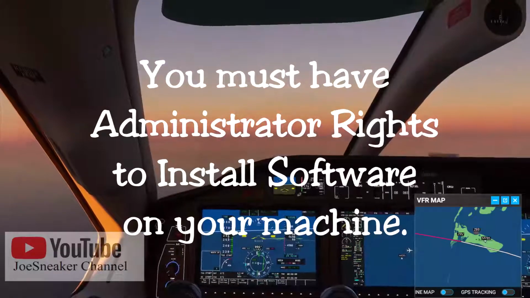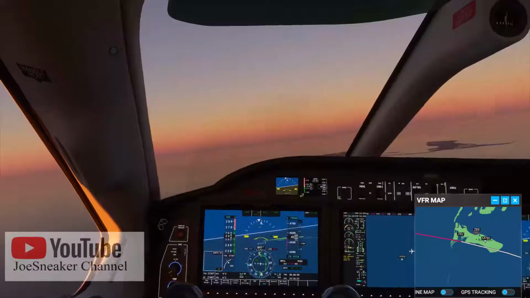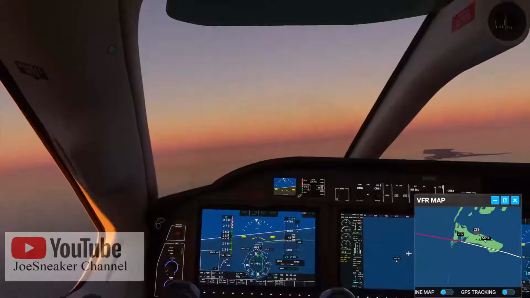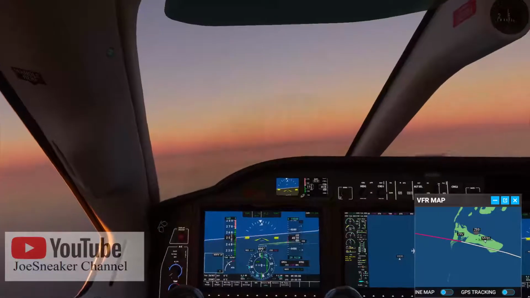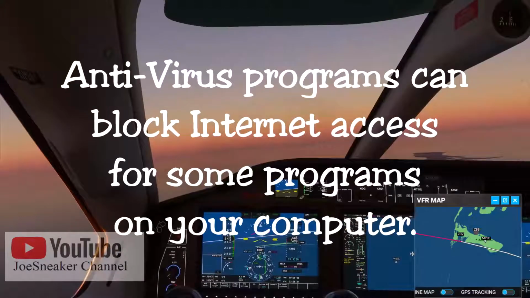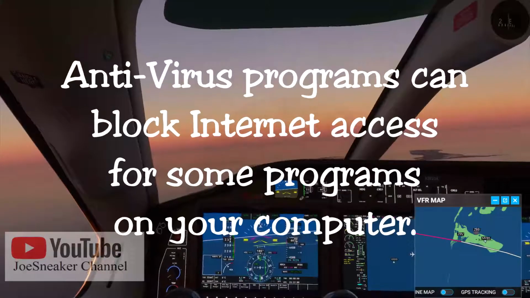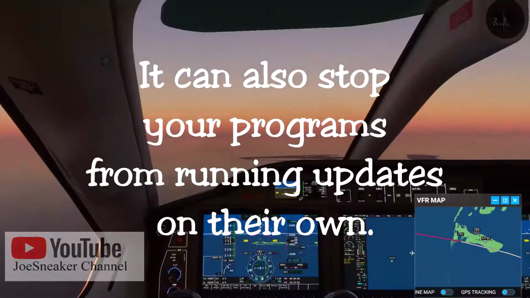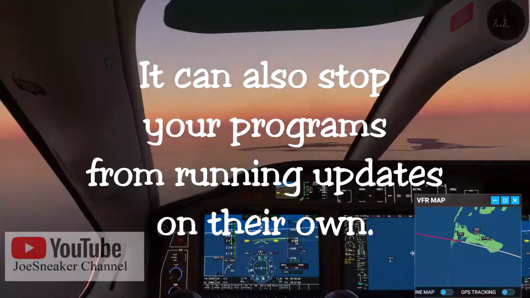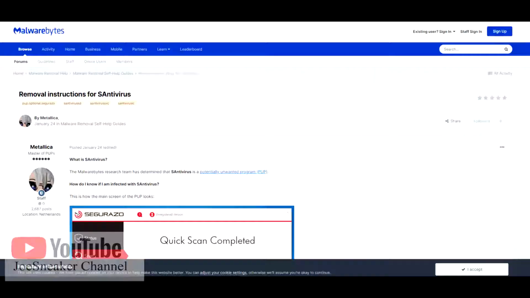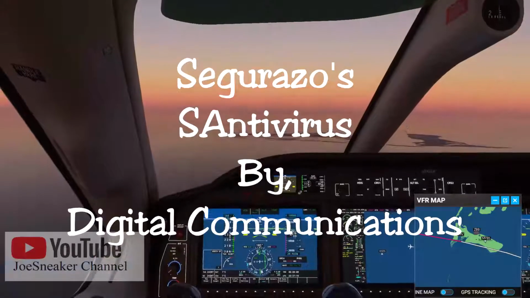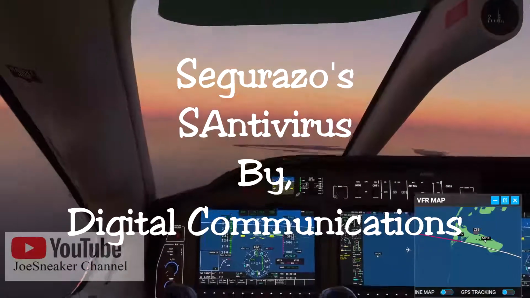That can be caused by rights, or usually caused by either Microsoft's login or by your virus program. I found out if you have more than one antivirus program, they interfere with each other and it could keep programs from updating. So I removed an extra antivirus program that I did not know was on my computer.